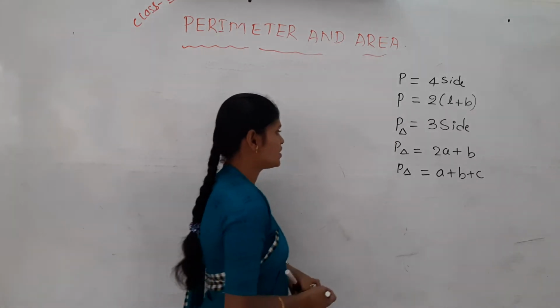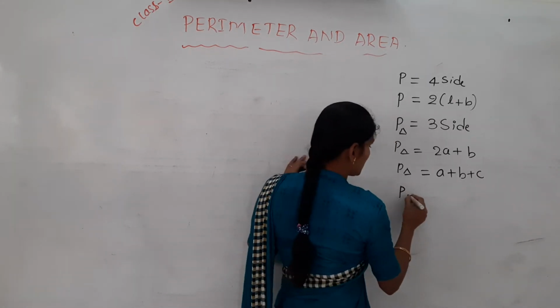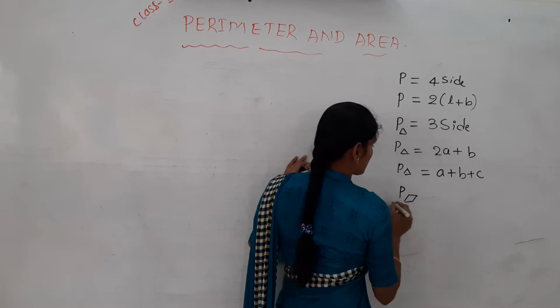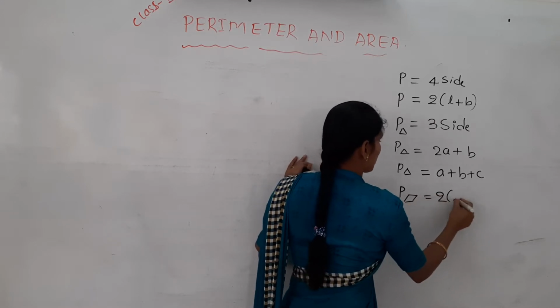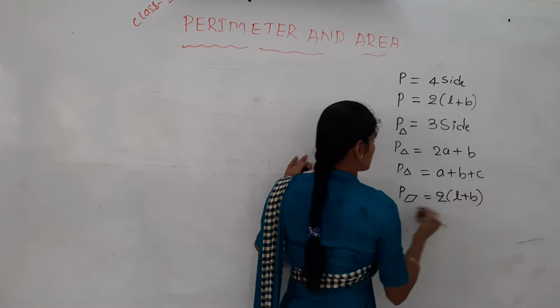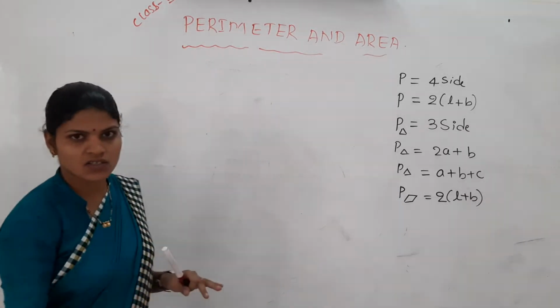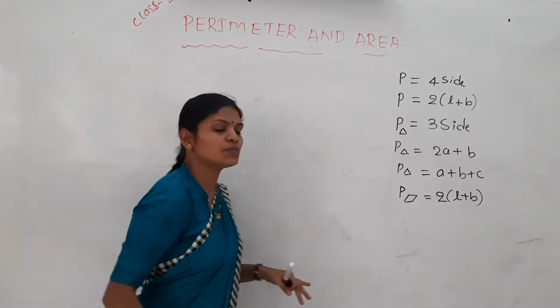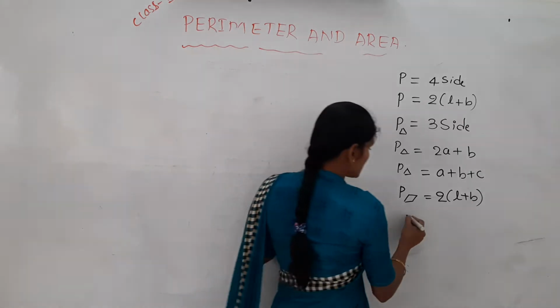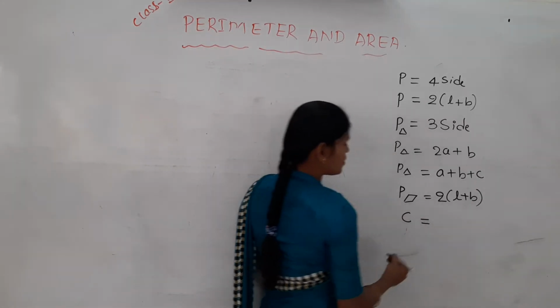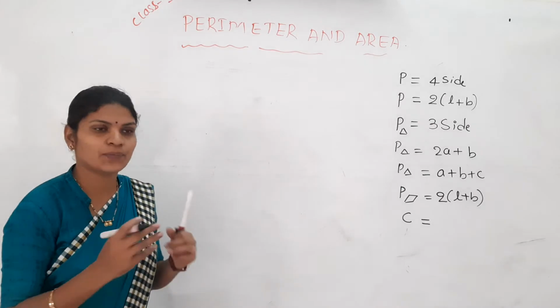Then the perimeter of the parallelogram, same like a rectangle, 2 times a plus b. Finally the circle, whose perimeter you can call by one more word, the circumference of the circle.